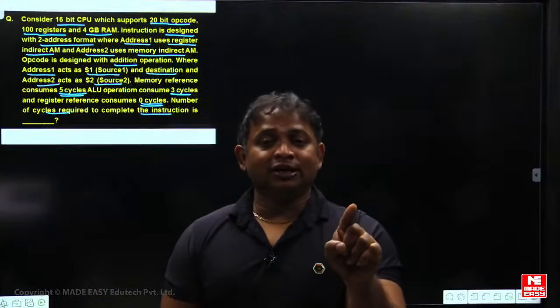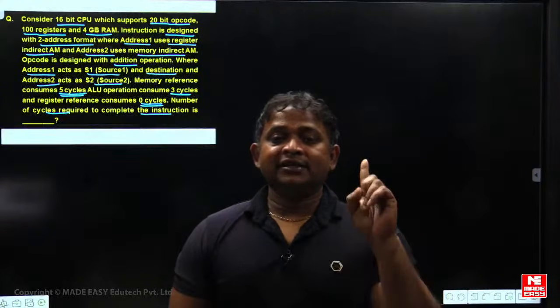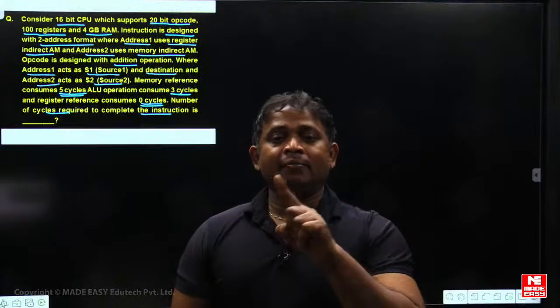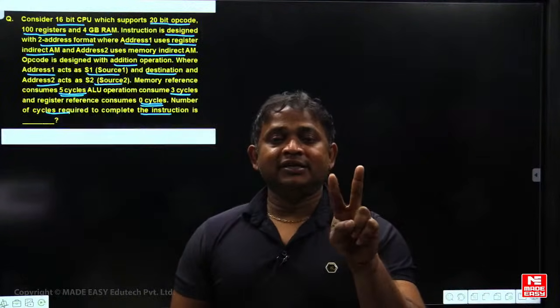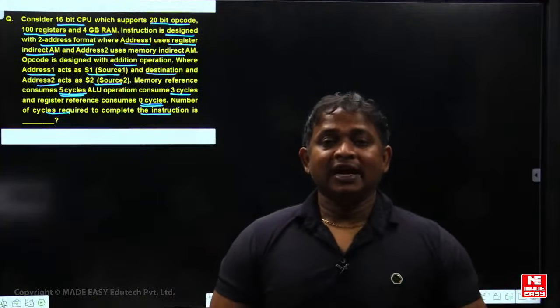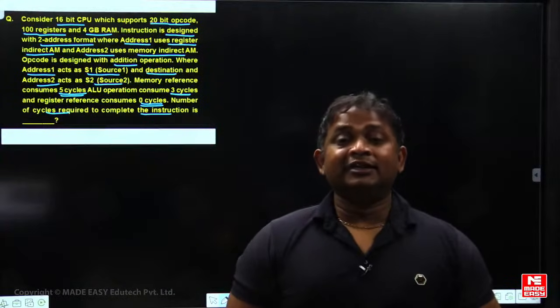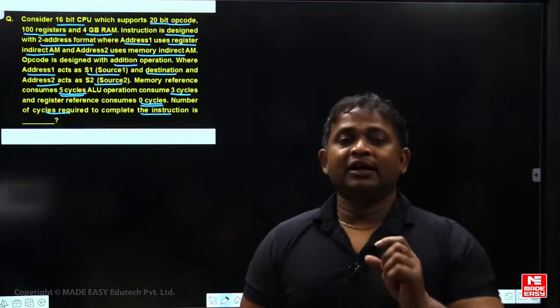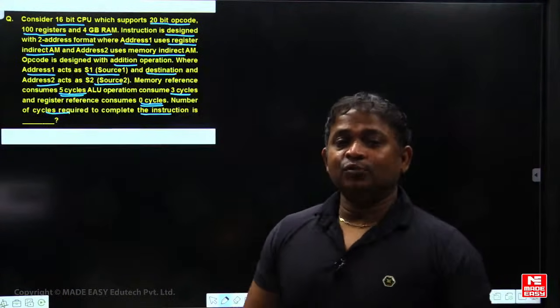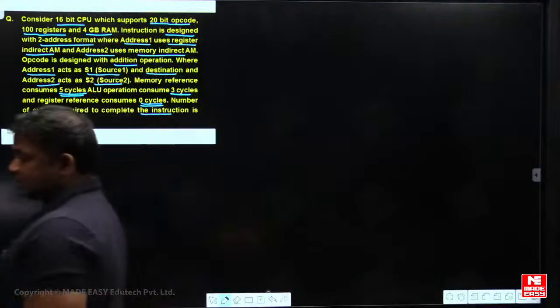Address size is important. If the address is one word, then one MR is required. If the address size is two words, two MR are required to get the effective address. If the address size is four words, then four MR are required. So be careful when indirect addressing mode is present. Format. Please, quickly.